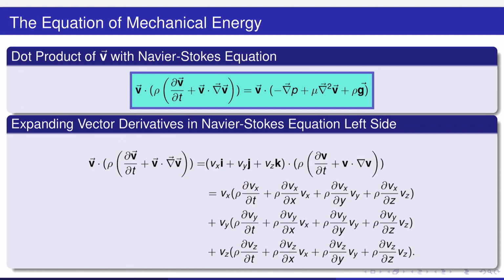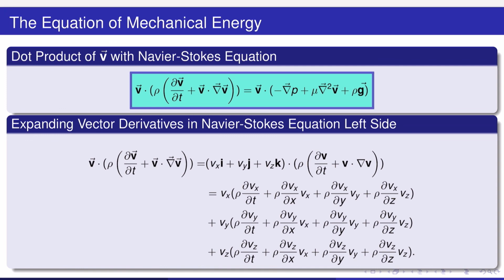Now if we do the vector operation and open it up, we will get vx rho ∂vx/∂t plus rho ∂vx/∂x vx plus rho ∂vx/∂y vy plus rho ∂vx/∂z vz.